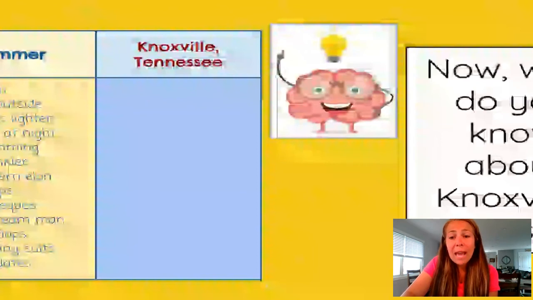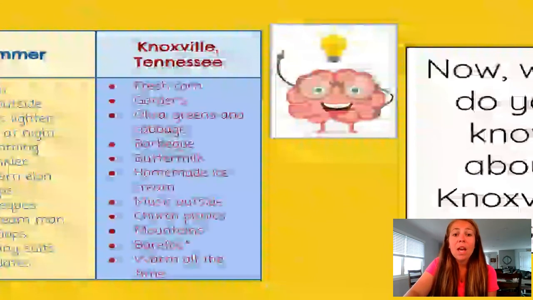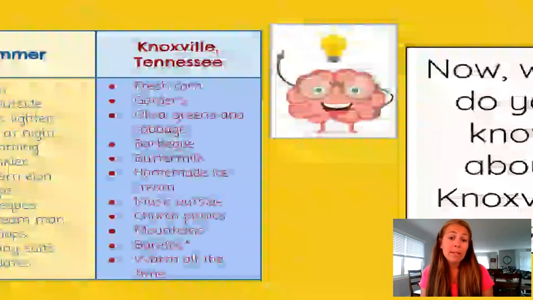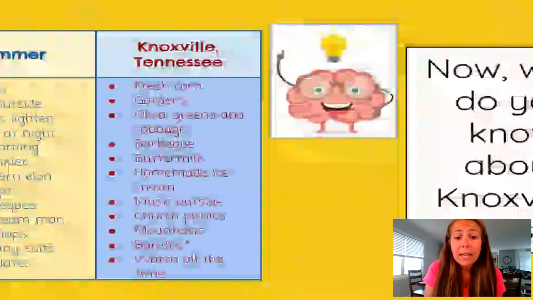So, now, what do you know about Knoxville, Tennessee? Let's think about what we learned from that poem. Let's take a second to think back. In the poem, they mentioned fresh corn, gardens, okra, greens, and cabbage, barbecue, buttermilk, homemade ice cream, music outside, church picnics, mountains, barefoot, warm all the time.